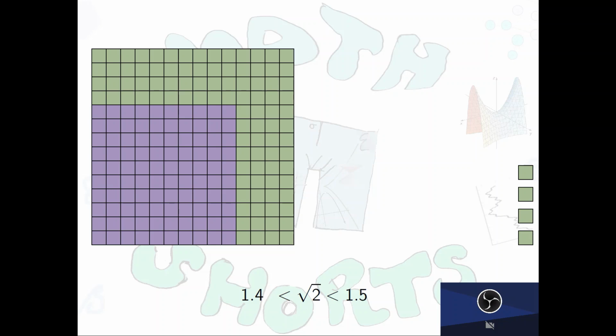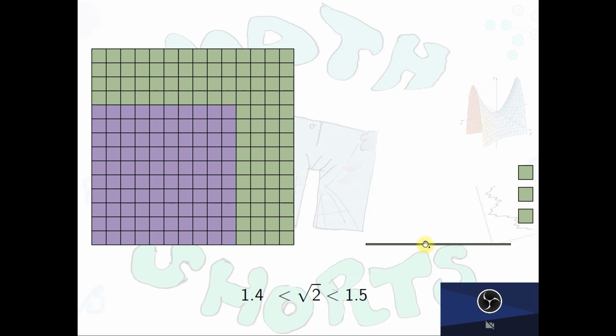But if we want to think a little bit further, we can go beyond what our blocks can actually do. If I think of this little square, it's 1/10 by 1/10, so its area is actually 1/100th. So instead of something that's 1/10 by 1/10, I could have it 1 unit long and 1/100th of a unit wide.